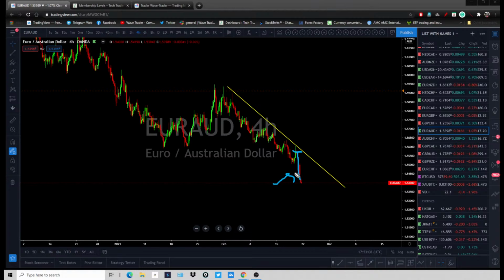Based on patterns and structure, you can expect that at specific levels buyers or sellers can jump in, and once they jump in, you simply follow them.